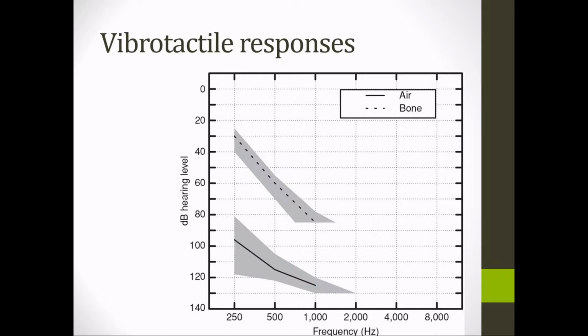You also need to be aware of it for 500 and 1,000 hertz, where you may get bone conduction responses that are not true responses, that are vibrotactile. And what you may see written on the audiogram is a bone conduction symbol and then VT, or VT with a question mark, or something along those lines.